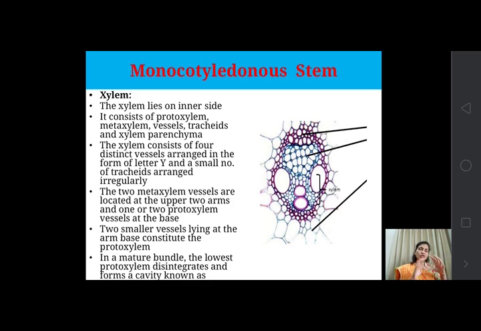In a mature bundle, the lowest protoxylem disintegrates and forms a cavity, that is the xylem cavity. This lowest vessel disintegrates, it is destroyed, so that a cavity is formed in that area, the cavity of that vascular bundle.